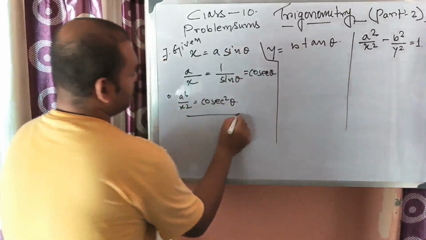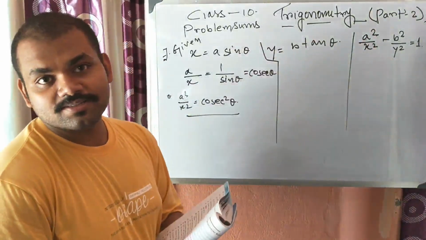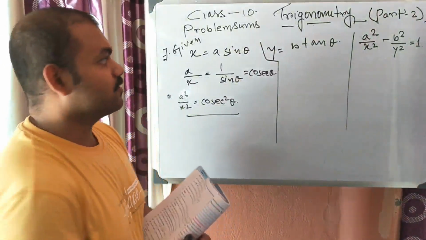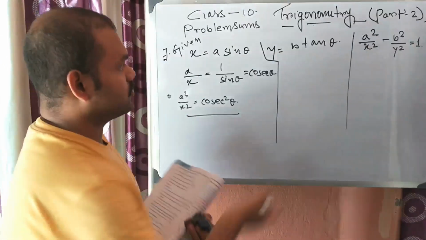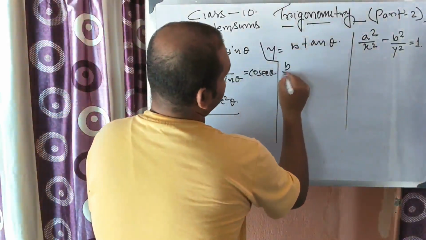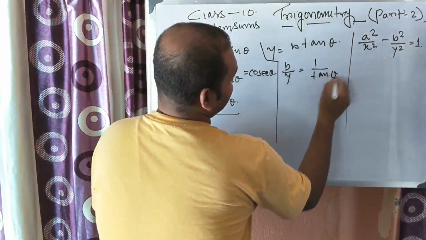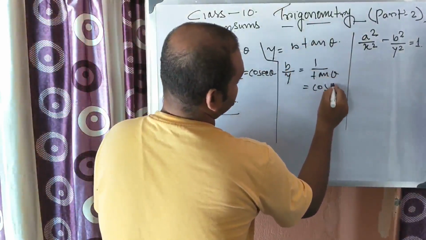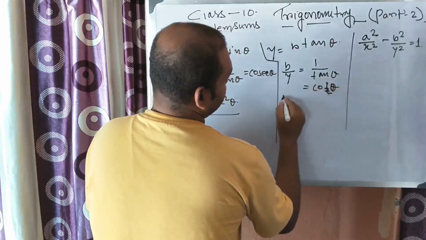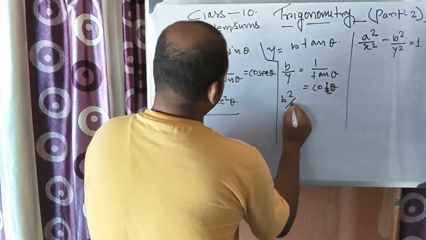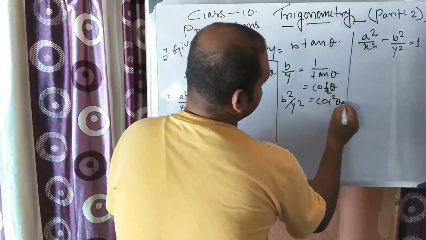Cosec square theta minus cot square theta is equal to 1. So the value of b by y must be cot. Let us show b by y is equal to 1 by tan theta, so cot theta, cot not cos, cot theta. So b square by y square will be cot square theta.